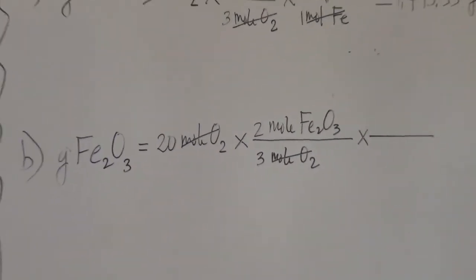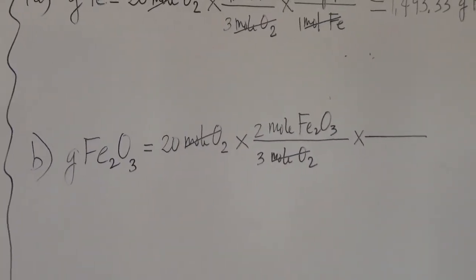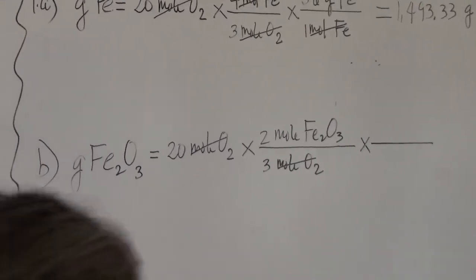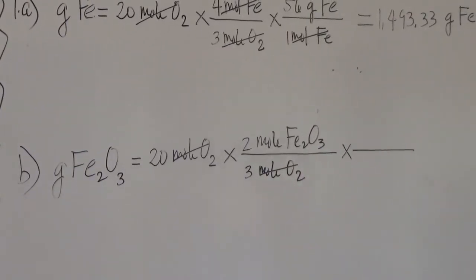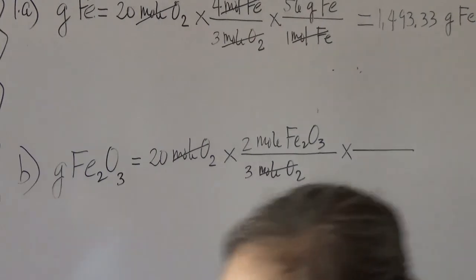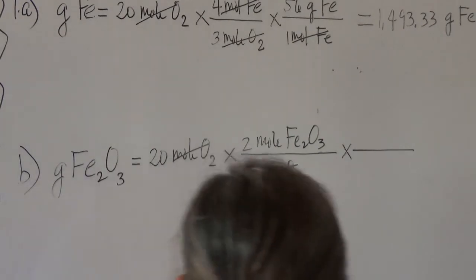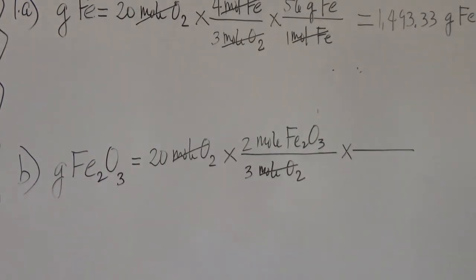Okay, compute for the molar mass of ferric oxide. Okay, let us compute. So you have 2 moles of iron and 3 moles of oxygen. So iron is 56, times 2. So 56 times 2, you will have 112.